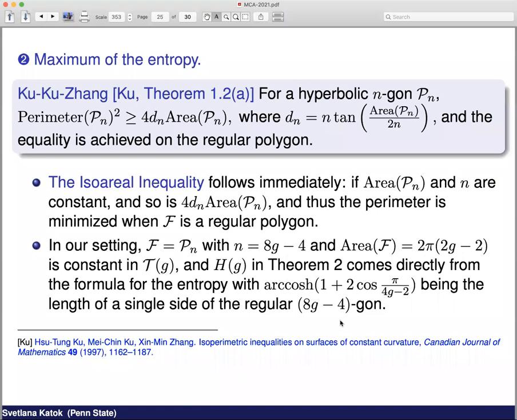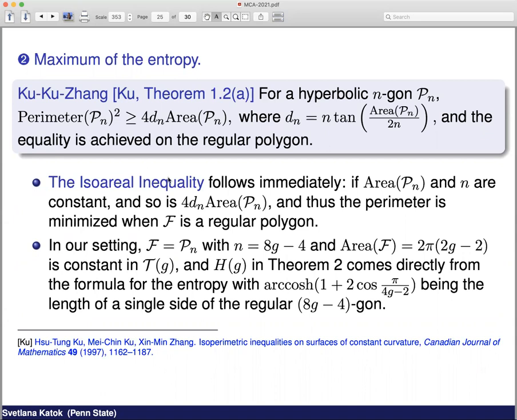I thought it should have been done earlier, but it says that if you have a hyperbolic n-gon, then there is the following inequality between the perimeter squared and the area. And this constant is just n tangent of whatever. The equality is achieved on the regular polygon.